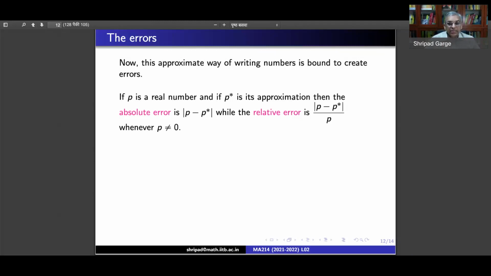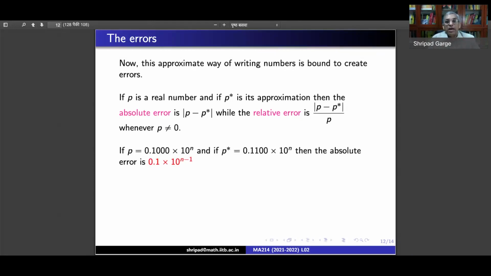So let's see an example. If you have a real number P, which you write as 0.1 into 10 power n, and there is an approximation for that, which is 0.11 into 10 power n, then your absolute error is 0.1 minus 0.11 into 10 power n. So you are going to get 0.1 into 10 power n minus 1.